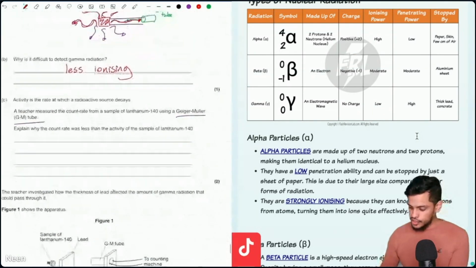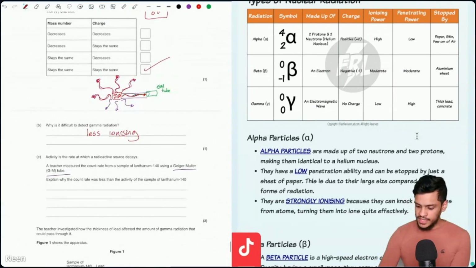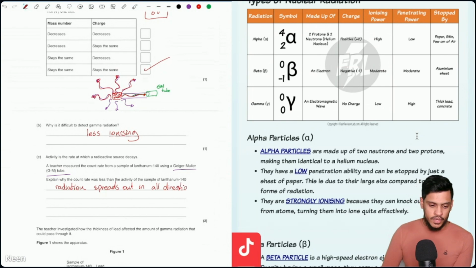So how do you get 2 marks here? What you can say is the radiation spreads out in all directions. That's 1 mark.